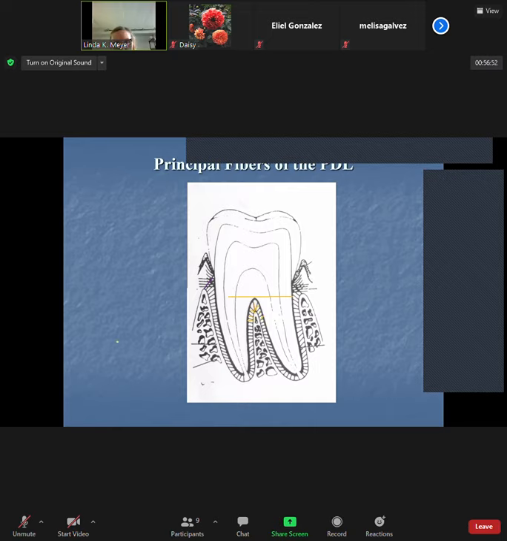Because what I want to show you with a multi-rooted tooth, with two roots here, is that you have two sets of apical fibers, one for each root. And then what I want to show with this is that also in the interradicular area, you have more like oblique fibers.